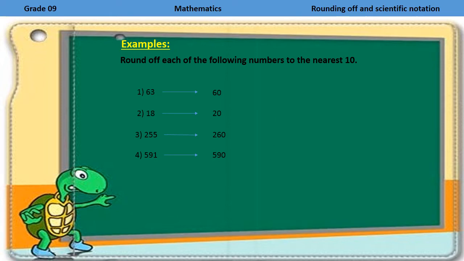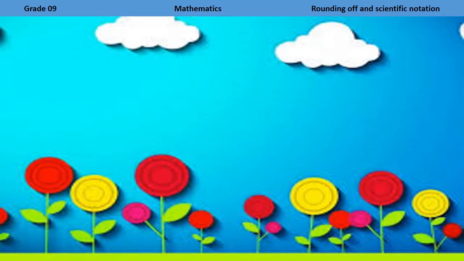The answer is 590. 2428. 8 is greater than 5. So we have to increase the tens place by 1 and replace the units place by 0. The answer is 2430. Let's move into the next part.